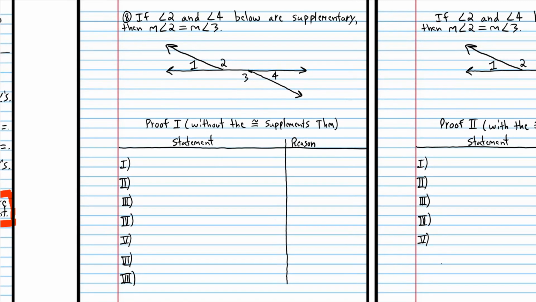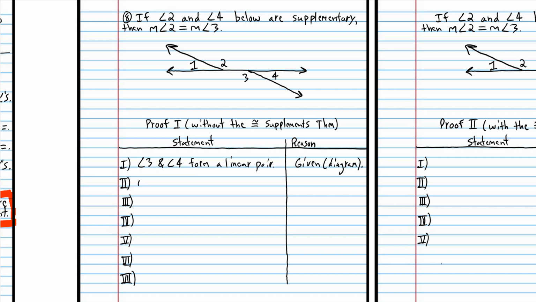All right, we're back. So angle 3 and angle 4 form a linear pair, and that's given. We can just see that in the diagram. Now we know that angle 3 and angle 4 are supplementary angles, and that's the linear pair postulate.